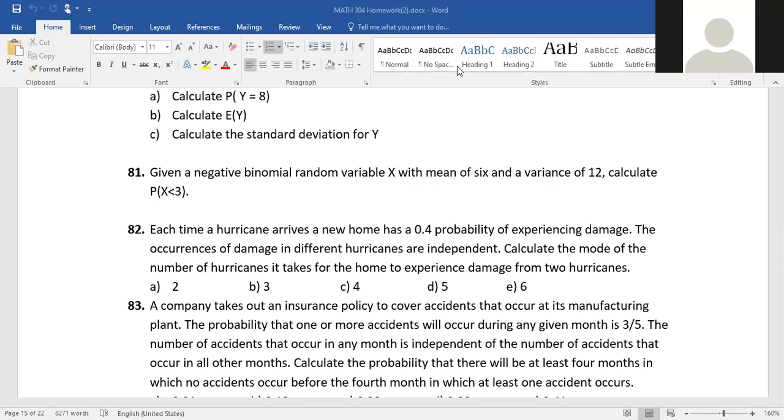If you have number 81, I'm sorry, number 81.